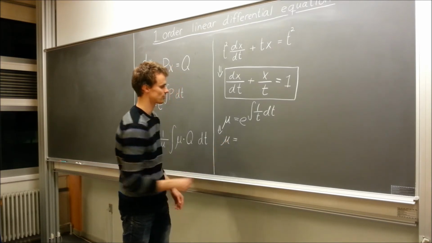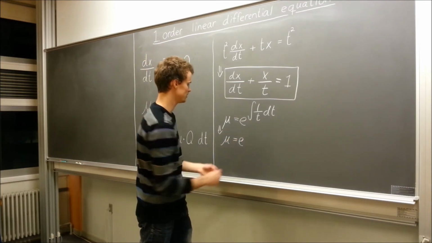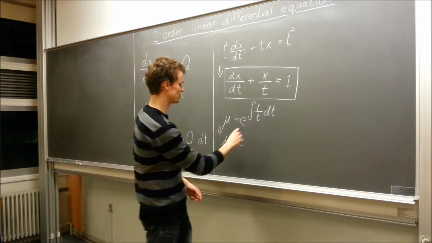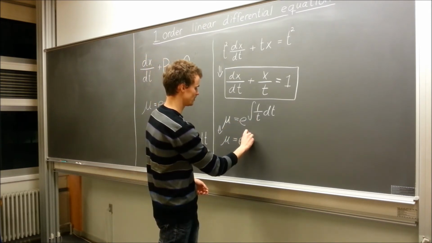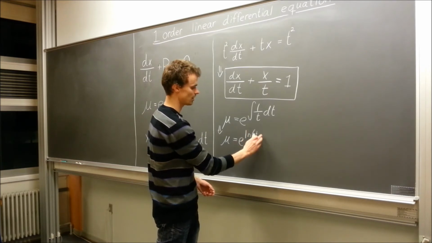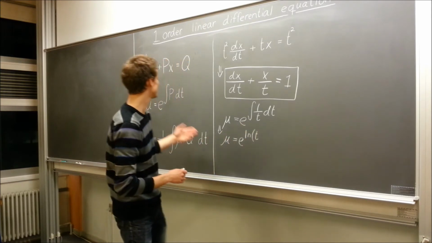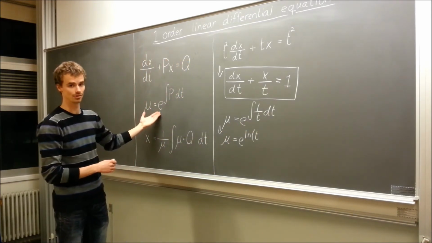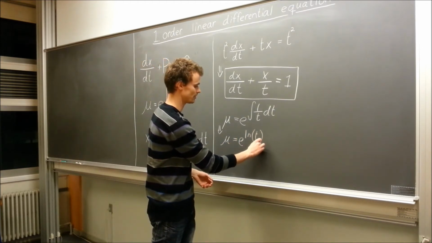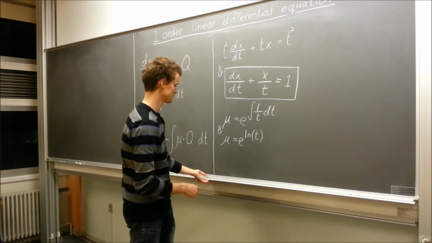Mu equals, we keep e here, and the integral of 1 divided by t is the same as the natural logarithm of t plus c. We need the constant, but in this case we can leave out the constant. So we can just say the natural logarithm of t here.